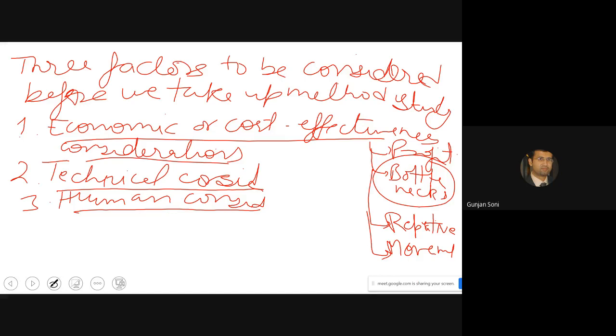So the work study will address such operations which are causing a worker to be stuck at one place. These jobs are to be identified, and they have to be made more interesting, or for example, you can do some automation, we can club factor number 2 and 3 together.